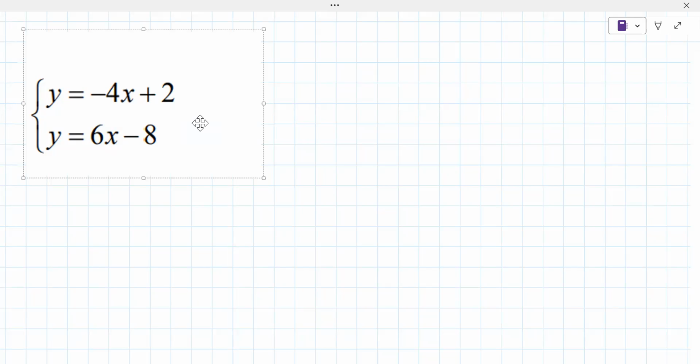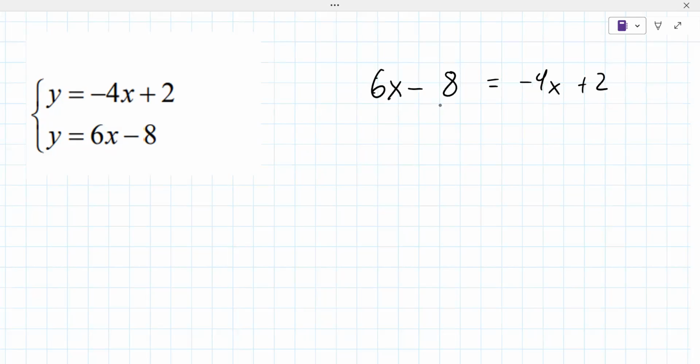Negative 4x plus 2 equals 6. So add 4. Like it would be 10x plus 2 negative 8.